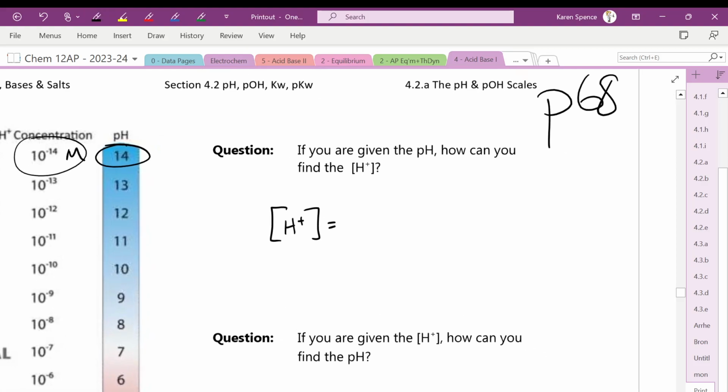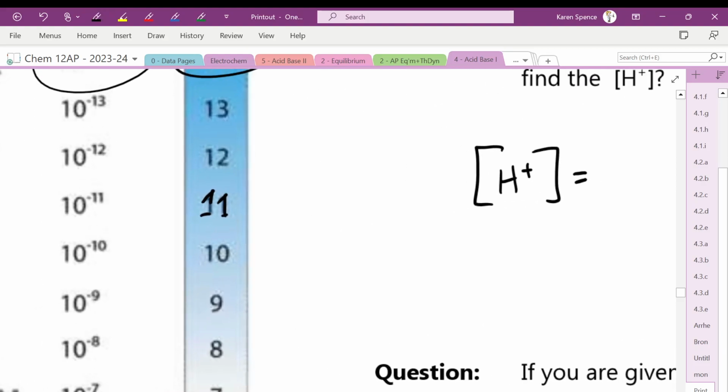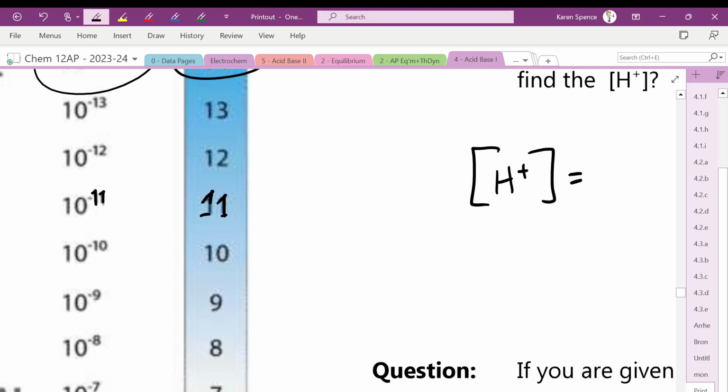Page 68. Let's look at another one. If pH is 11, then hydrogen ion concentration is 10 to the negative 11 molar. If pH is 9, concentration of hydrogen is 10 to the negative 9.